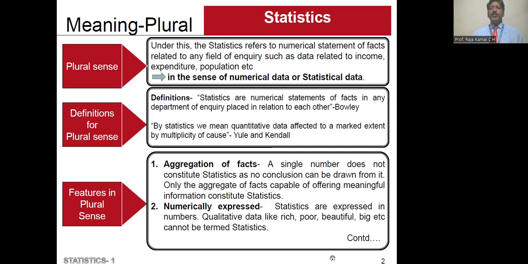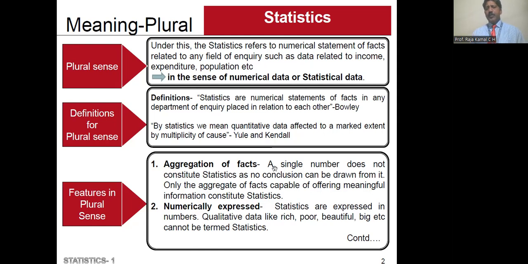Okay. So when it comes to the features of the definition of statistics in the plural sense, it says that statistics are aggregates of facts. In statistics, if there is a single number, we cannot do anything with it. When you want to draw some conclusions in statistics, it requires aggregation of facts.